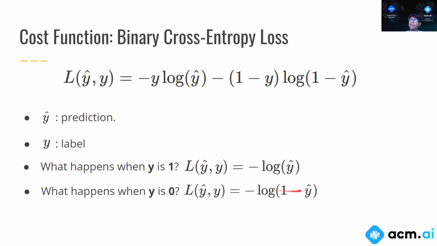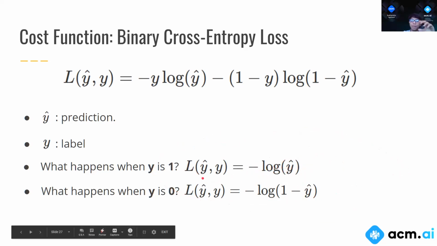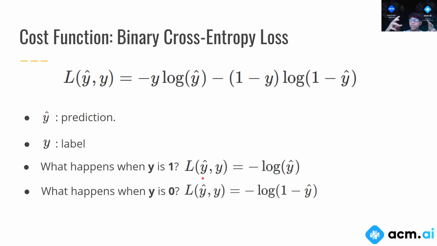That means that log of y hat is a value between negative infinity and 0, because log of 0 is negative infinity and log of 1 is 0. So we have a range negative infinity to 0. And putting this negative sign in front, the range ends up being 0 to positive infinity. So I hope that answers your question, because the way we formulate this loss function, it can never be negative.